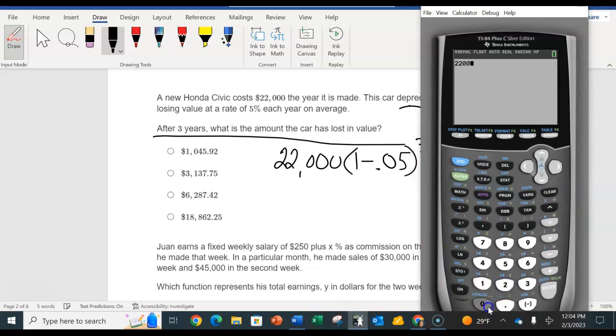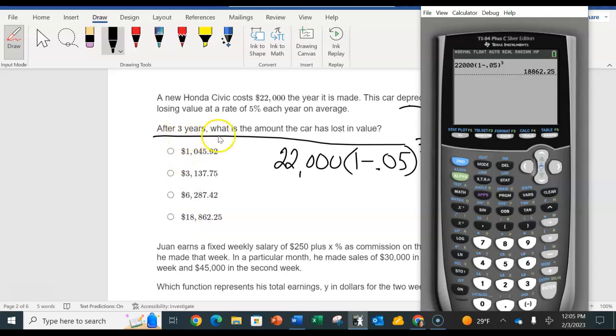So we're going to do 22,000 times 1 minus 0.05 and then raised to the 3rd power. All right, so that's going to give us $18,862.25. If you're not careful, you're going to choose that, and it's not going to be the right answer. This is the value of the car after 3 years.